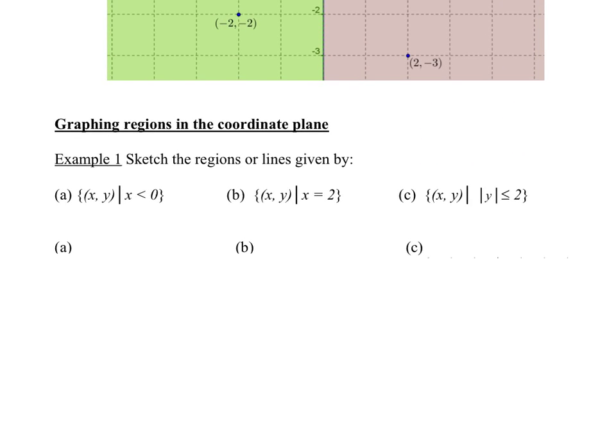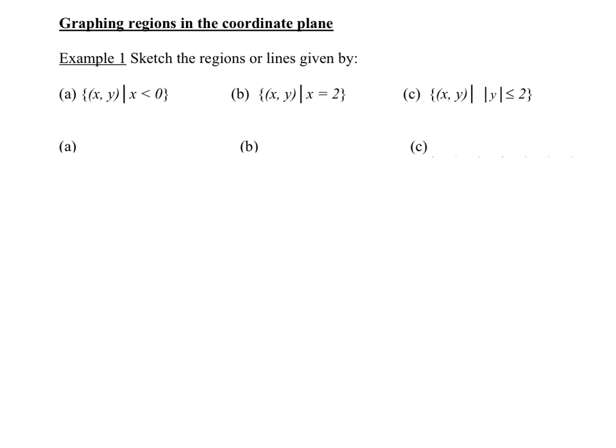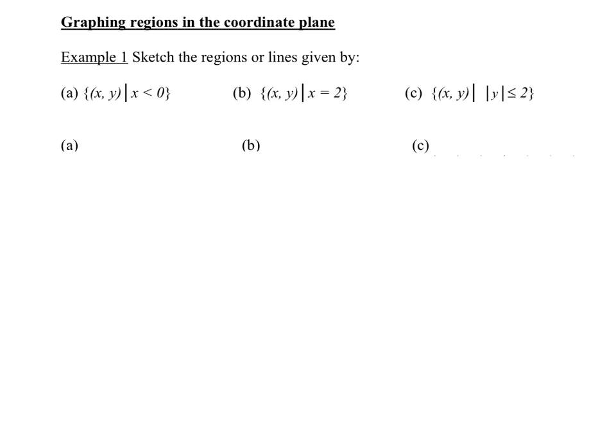Now, it's also possible to graph regions in the coordinate plane. So effectively all the points that obey a condition. For example, if the condition is that the x-coordinate has to be less than 0, think about where the x-coordinate would be less than 0.